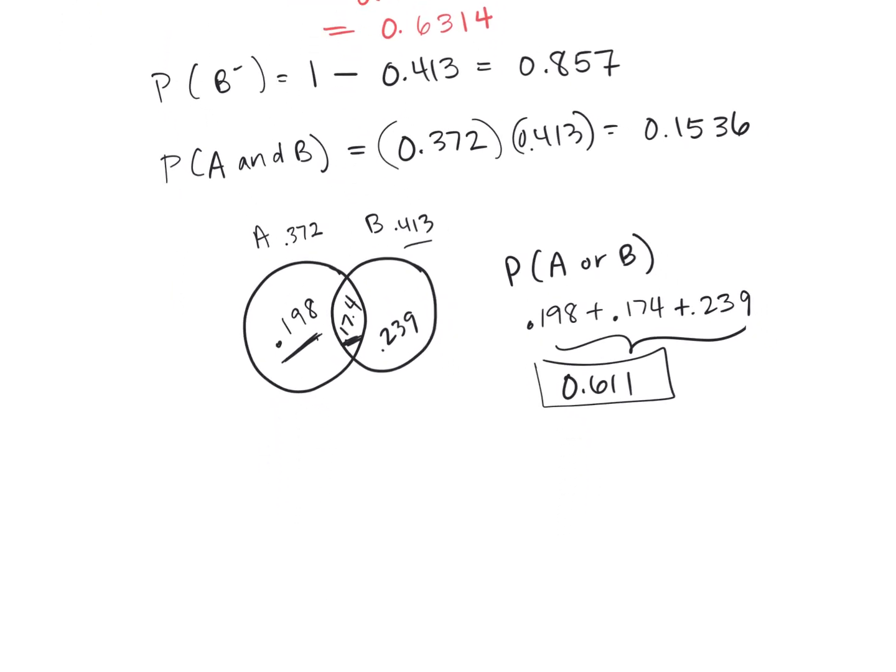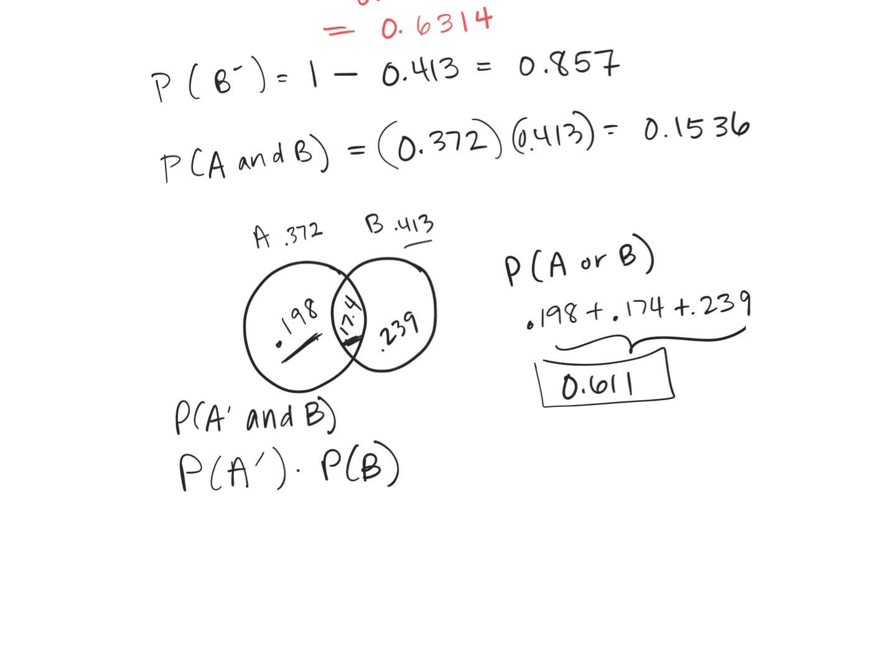Then we have the probability that event A does not occur and event B does occur. So we're looking at the probability of the complement of A, and we need B to occur. That is the probability of the A complement times the probability of B happening.